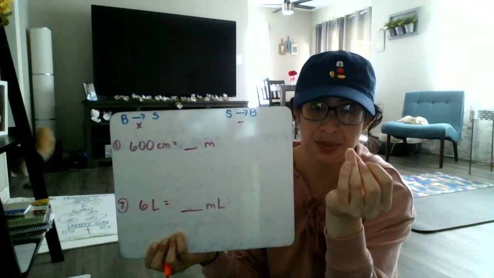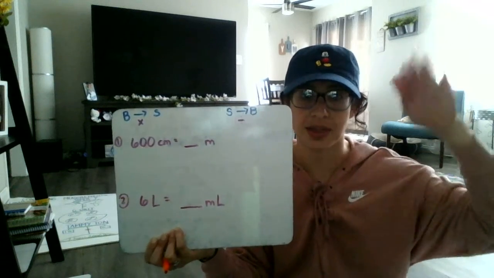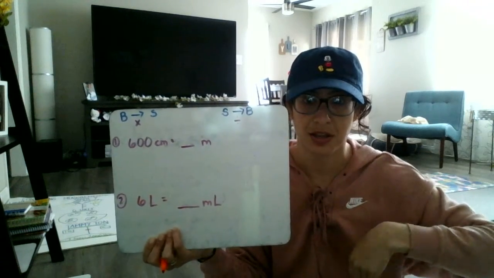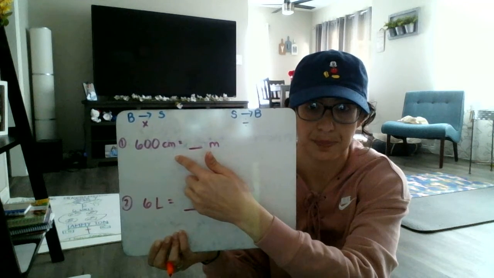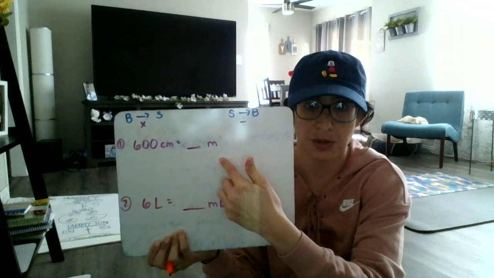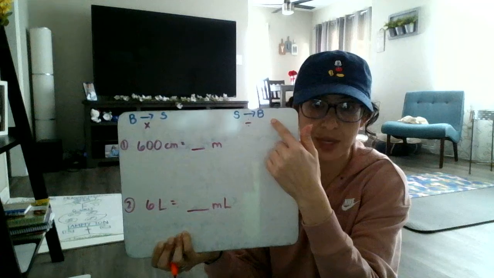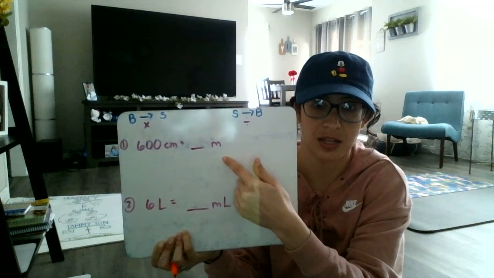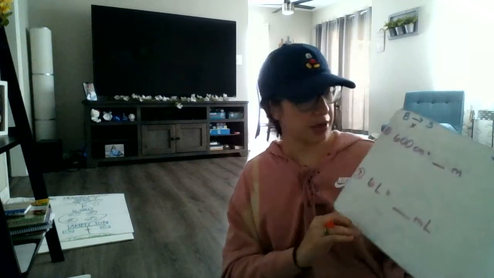Then a meter was like the length of a 5-year-old child. So which one's bigger? This one, right? So we're going from small, from centimeters, to big, the size of the kid. So we're going to divide.